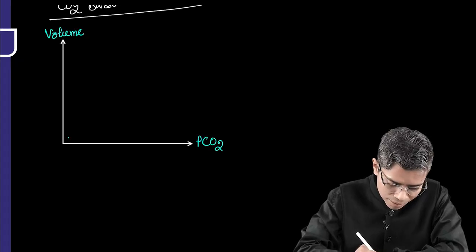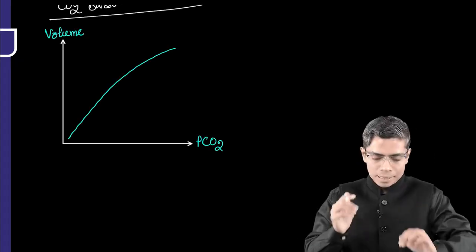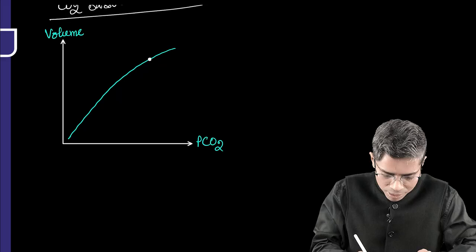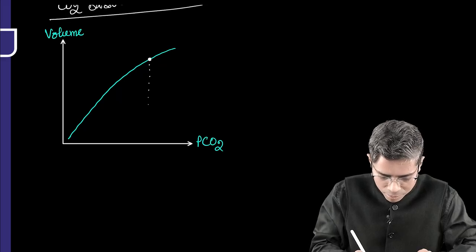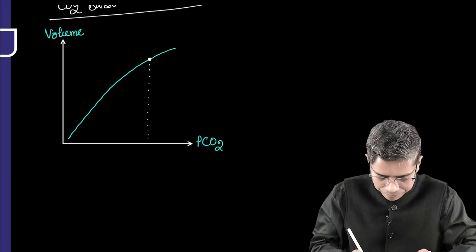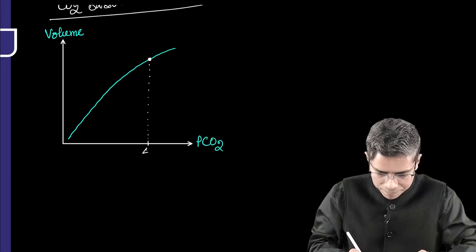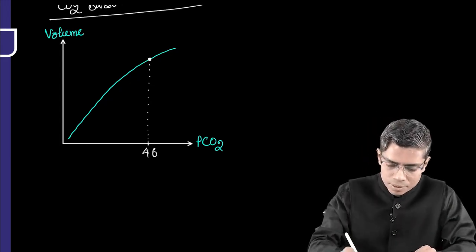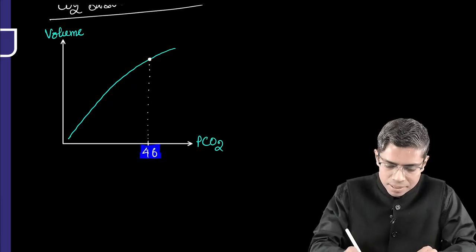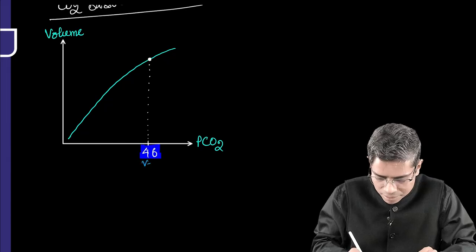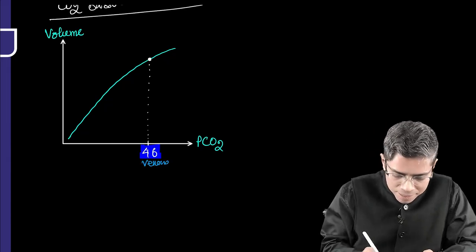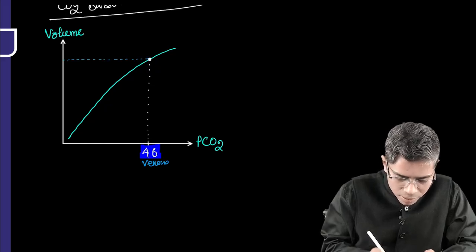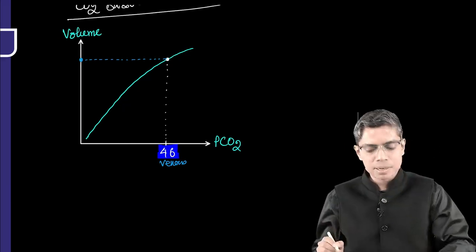So the curve looks like this. What is the meaning of this curve? Look at, I am putting some point here. So first point is here, when the partial pressure of carbon dioxide is 46. So what blood am I talking about? Partial pressure of carbon dioxide is 46, so this is the venous blood, right? So I am writing here, this is venous blood. If I drop a perpendicular from this on y-axis, what will happen to the volume or content of carbon dioxide?